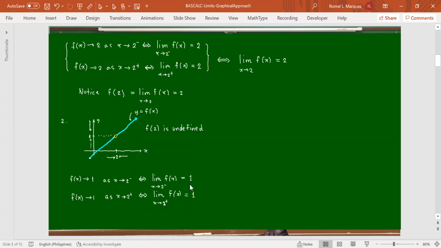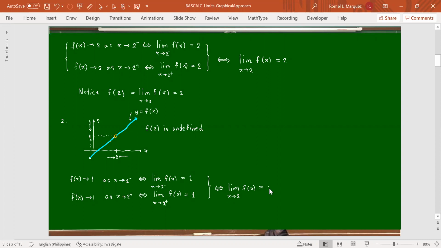Since they have the same behavior from the left and from the right of 2, we can write this in one relationship. So we have the limit of f of x as x approaches 2 is equal to what? What is the limit of the function?